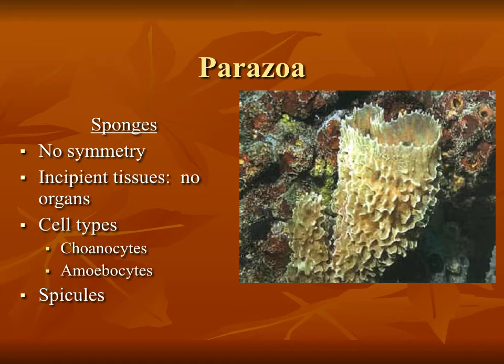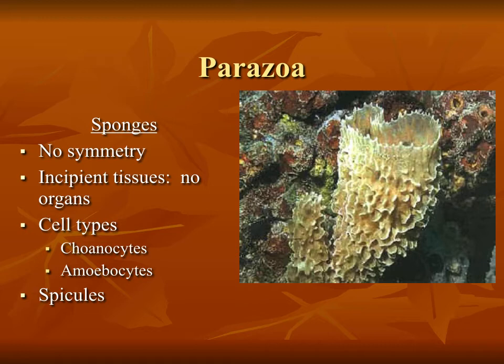They do share some features with other animals, including elements of a skeleton. They can form spicules, which are various hard skeletal-like elements, and they make a form of collagen, the most common protein in animals, and we call it spongin, but that's something that they have. These are all filter feeders.